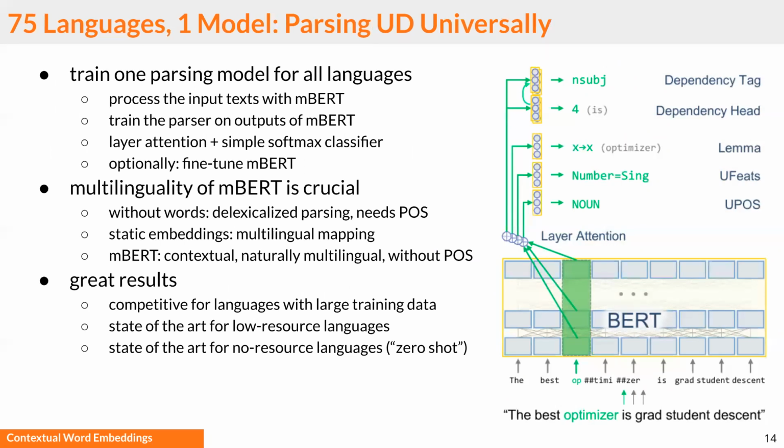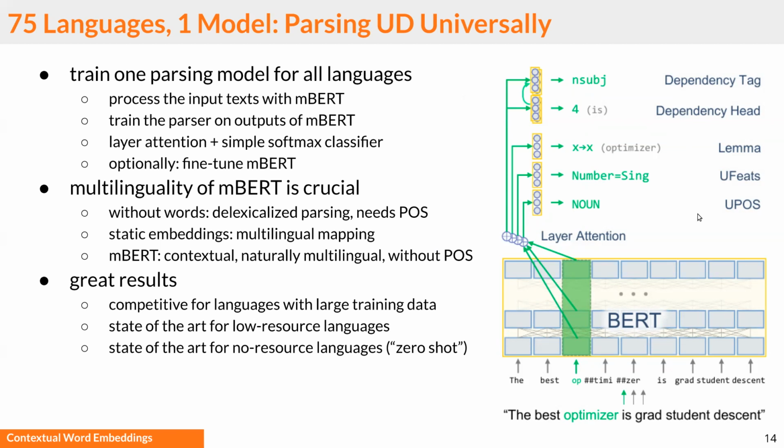The idea was, if mBERT gives us these multilingual embeddings, we can probably just train only one syntactic parser for all the languages in UD if we run them through mBERT to get some multilingual representations. And this turned out to be a great idea and had really great results in basically all cases that it was evaluated for.